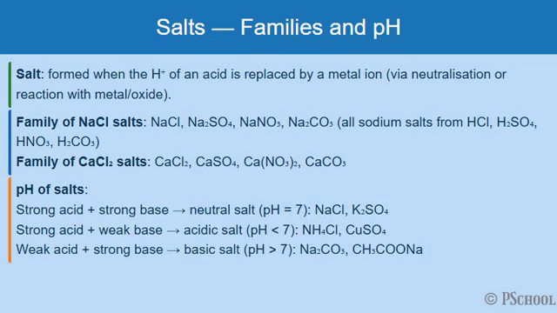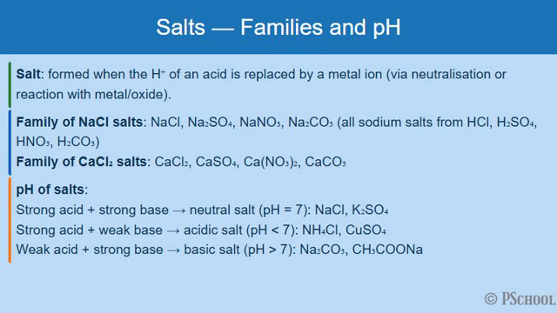pH of salts: strong acid plus strong base gives a neutral salt at pH 7, examples: sodium chloride, potassium sulfate. Strong acid plus weak base gives an acidic salt, pH less than 7, examples: ammonium chloride, copper sulfate.